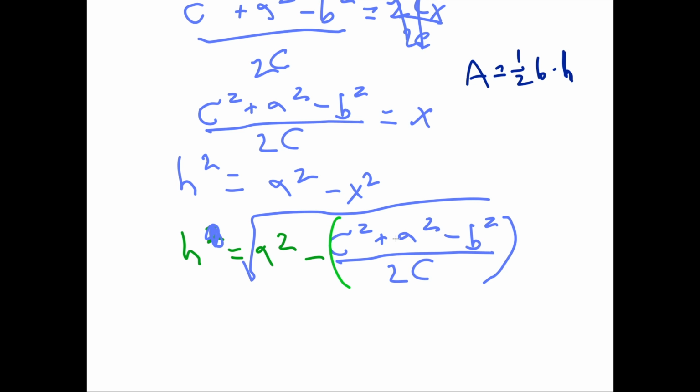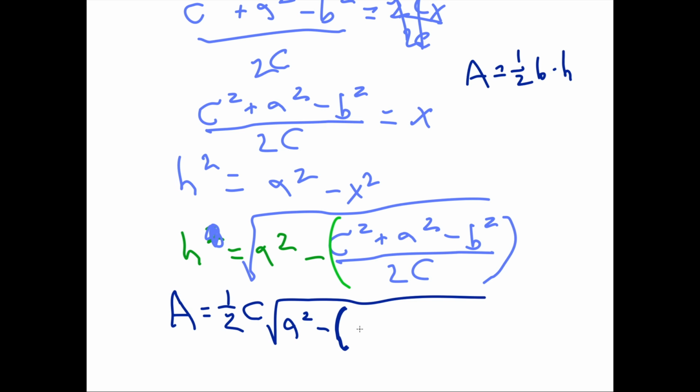Now base is just c, so we can put in area equals 1 divided by 2 c times the square root of all this stuff up here: a squared minus, the quantity c squared plus a squared minus b squared divided by 2c, squared. And that is Heron's formula. Now, that doesn't look like Heron's formula, and I'll tell you why. That is not Heron's formula.